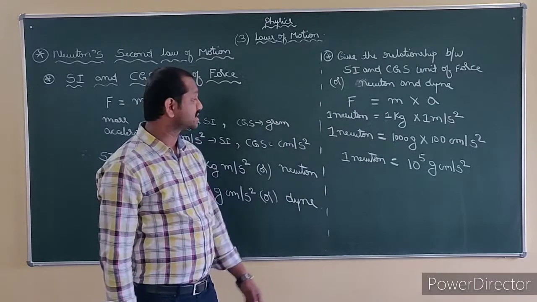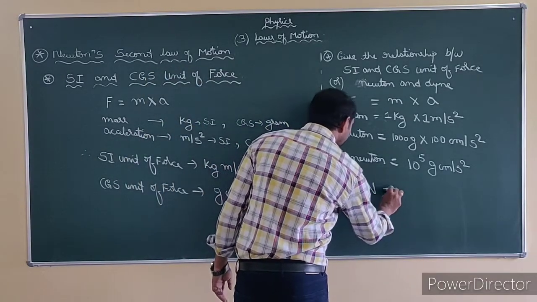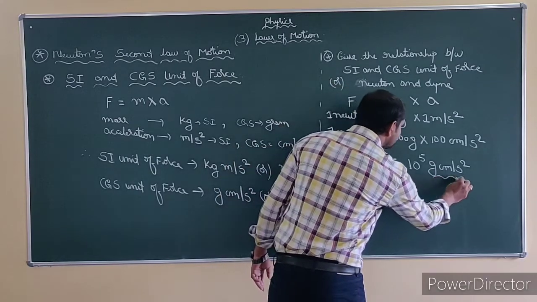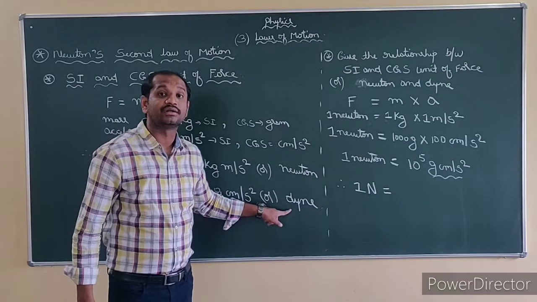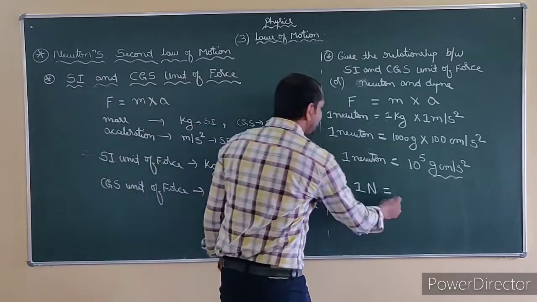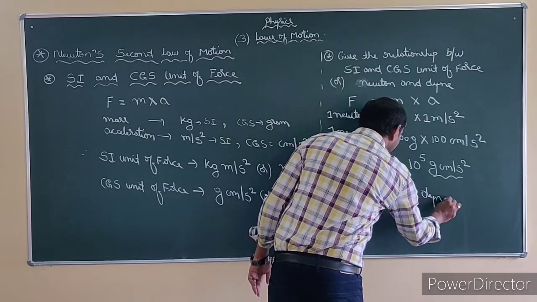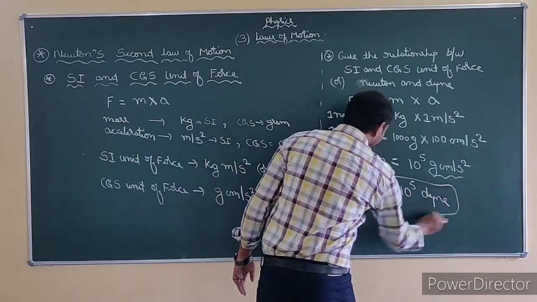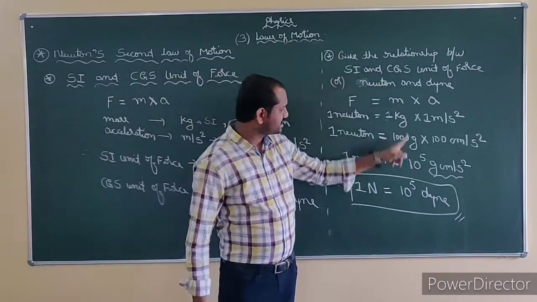Therefore, gram centimeter per second square can also be written as what? Dyne. Therefore, 1 Newton is equals to 10 to the power of 5 dyne. This is the relationship between SI and CGS unit of force.